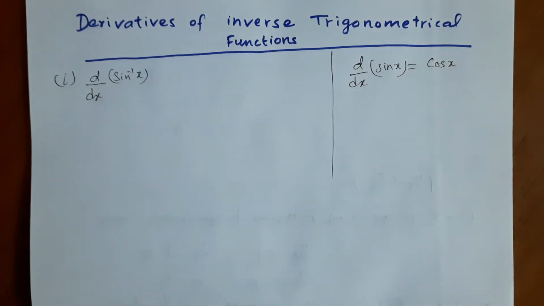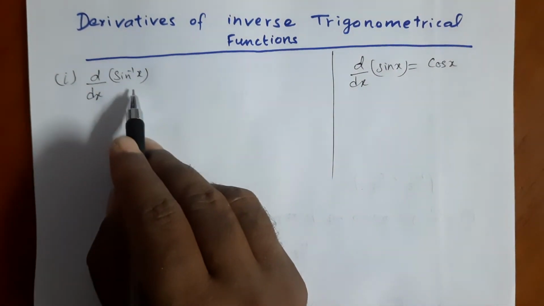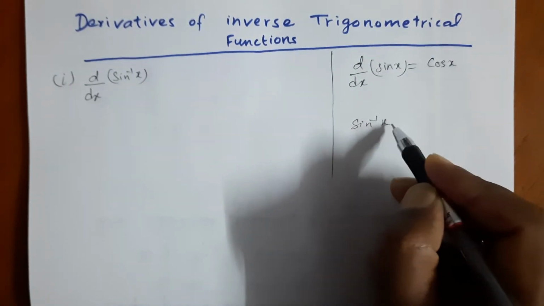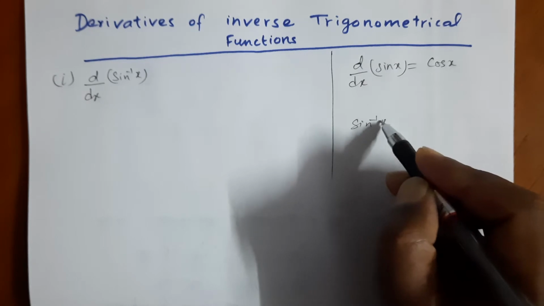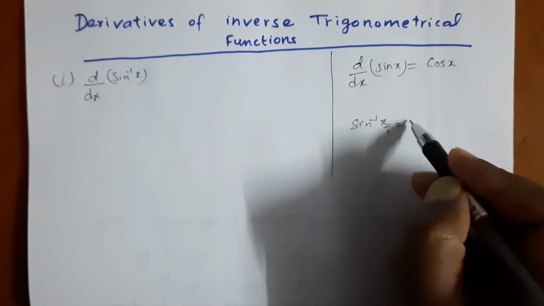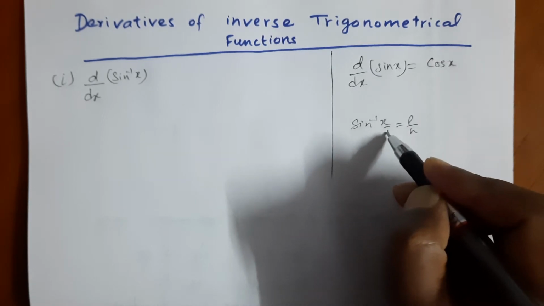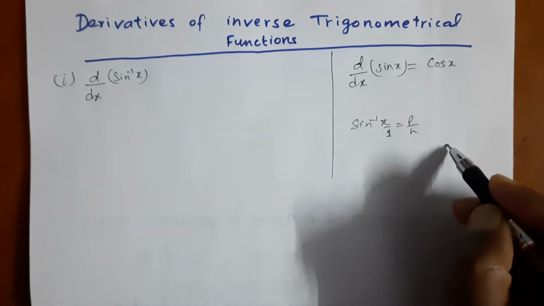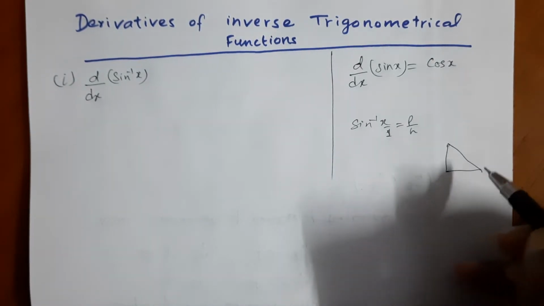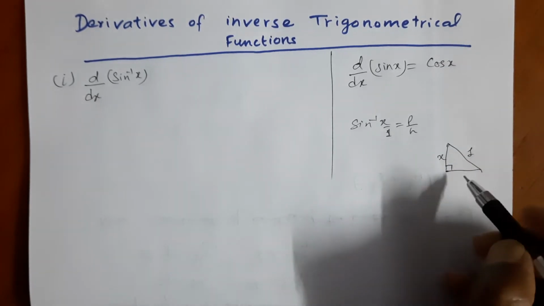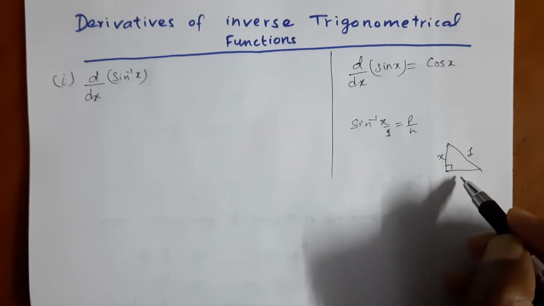In this sine inverse x, think that sine means p over h, you know that. So here p equals x and h equals 1. If you draw the right angle triangle, the perpendicular is x, and the hypotenuse is 1.